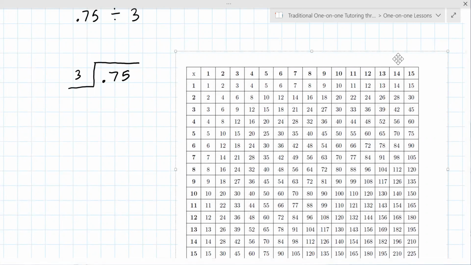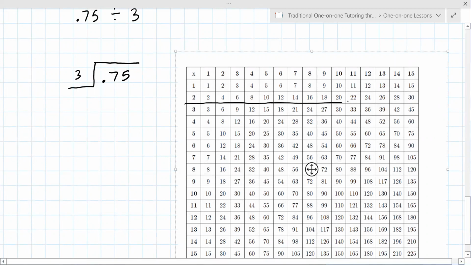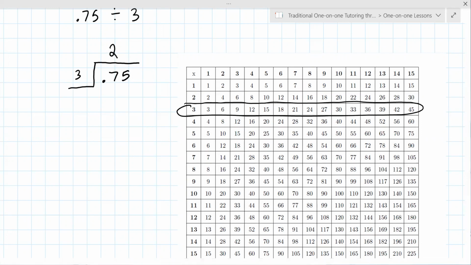Oh no, he's out. Okay, so we look at row 3 and you find 7, or whichever two numbers it's between. It's 2. So 2 goes above the 7, and then you multiply the 2 and the 3. That's 6.